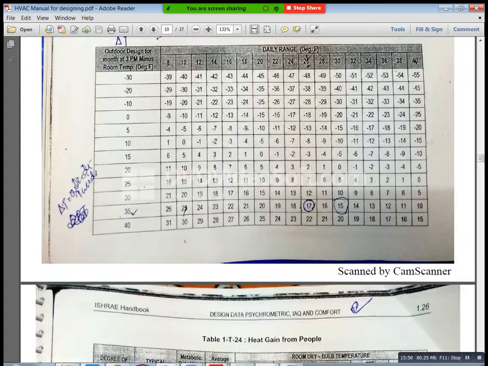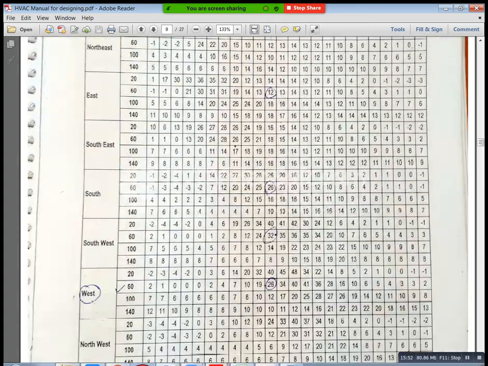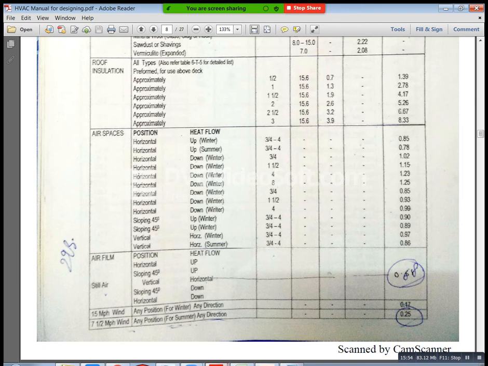Air film position, you will consider 0.68 inside and 0.25 outside. We need to take from these charts. Clear now? Now you can go here, and here you can mention your values for U.